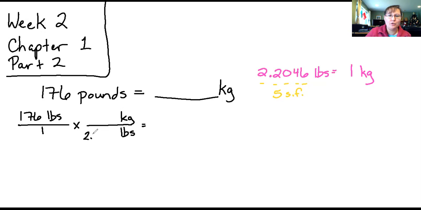And so I have 2.2046 pounds per 1 kilogram. So then I take out my calculator, and I type that in. 176 divided by 2.2046.